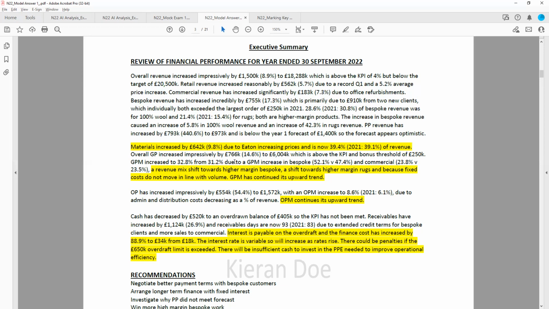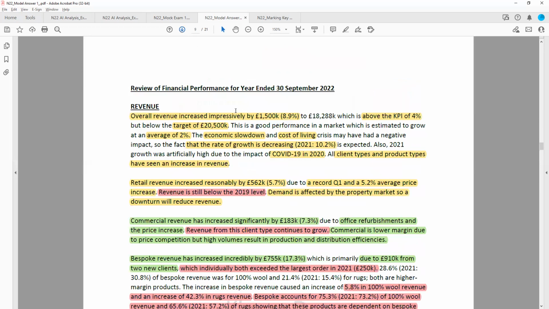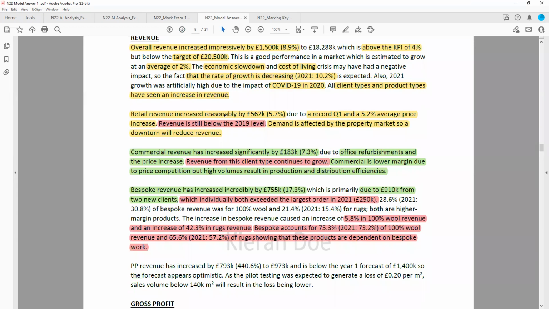However, for the executive summary, we can add some additional points. Of course, we know in our conclusions, all we copied over was a number and the brief reason. So we said revenue has gone up by this with the reason. Bespoke has gone up by this with the reason. That's all we've got in the conclusions, number and reason.